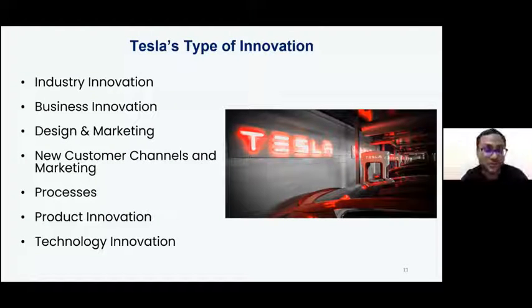Tesla's types of innovation. So I will be discussing Tesla's 3 types of innovation in this: industry innovation, business innovation, and design and marketing. So if we see, Tesla creates undeniably revolutionary items, including a line of electric cars that defy customer standards, such as the Model S, which is billed as the safest and quickest car on the road.